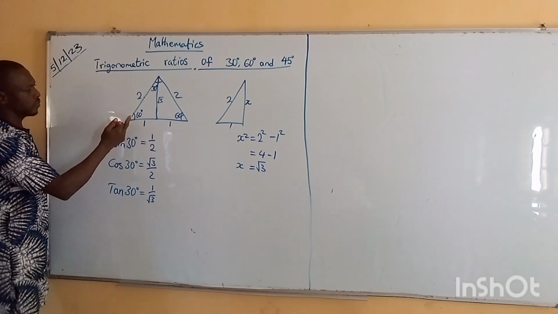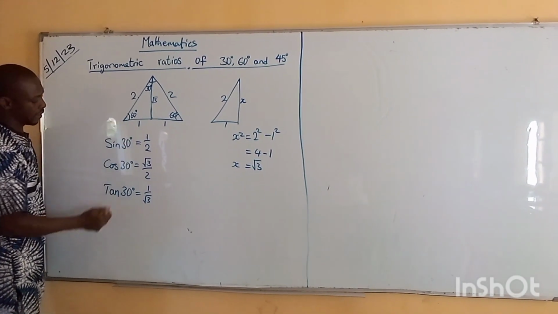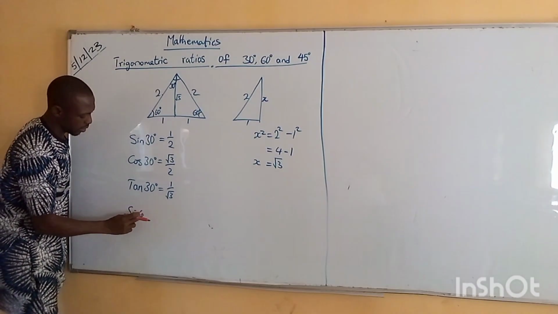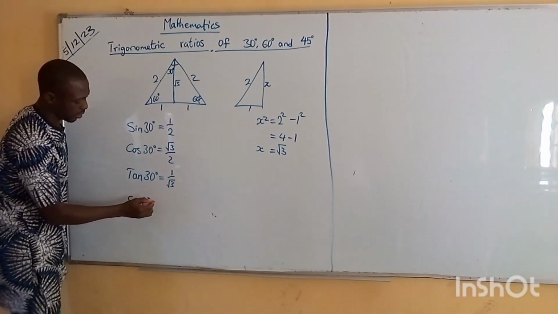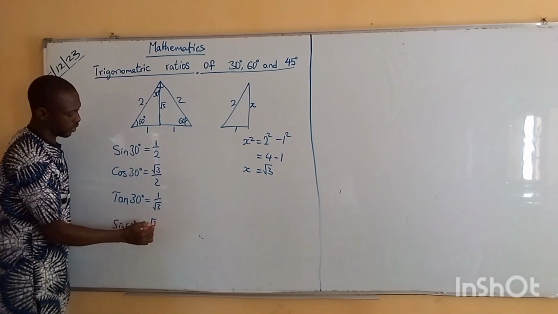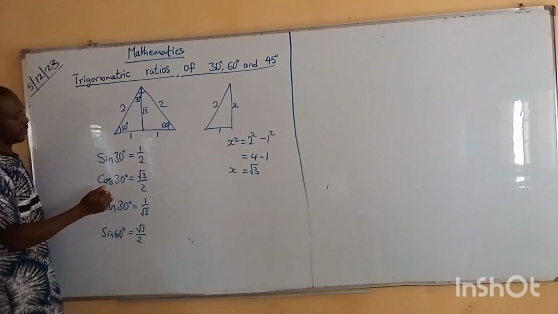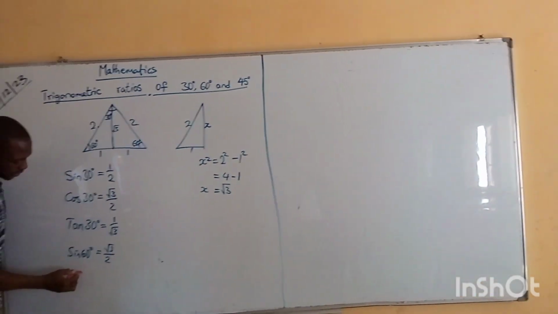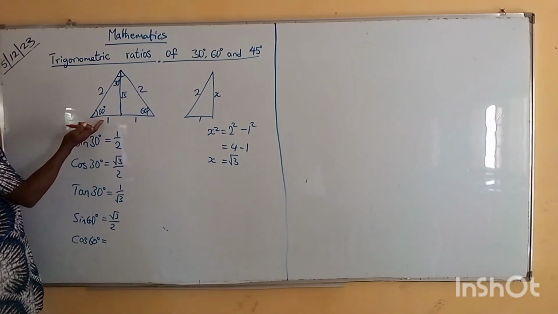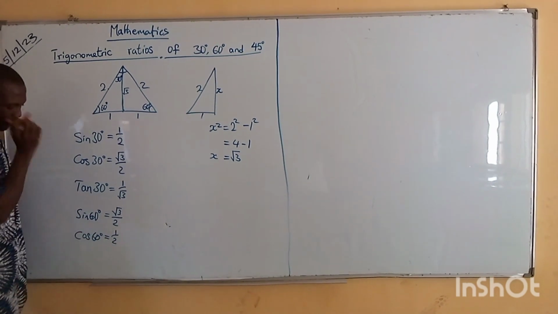Then sine 60 now becomes opposite, which is root 3, over hypotenuse, 2. And cos 60 degrees becomes adjacent over hypotenuse, which is 1 over 2.